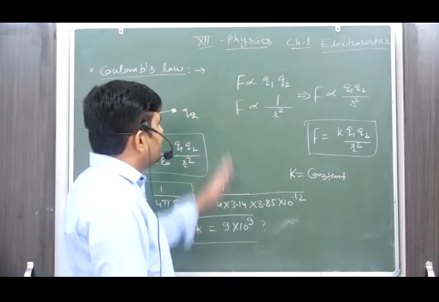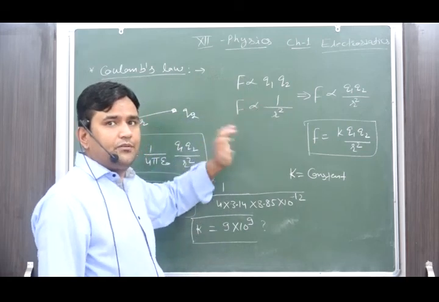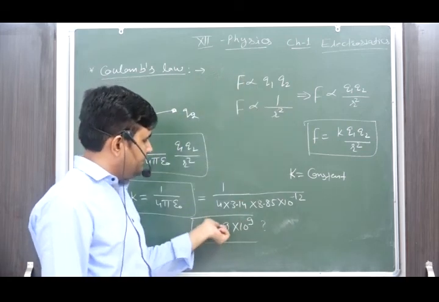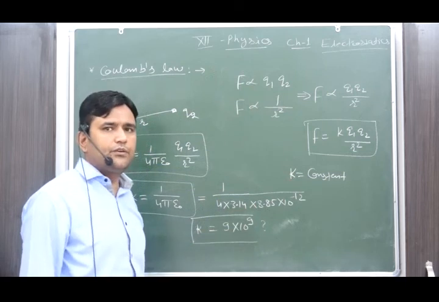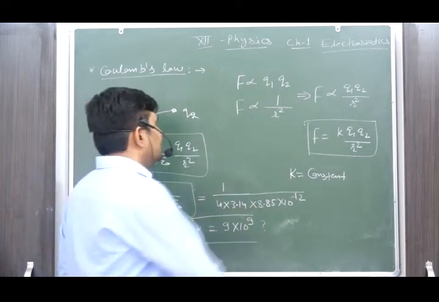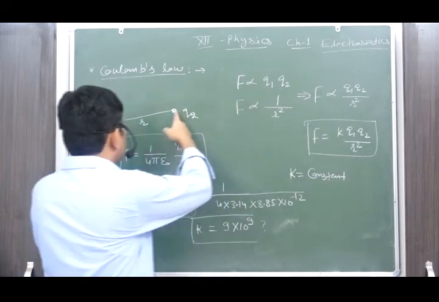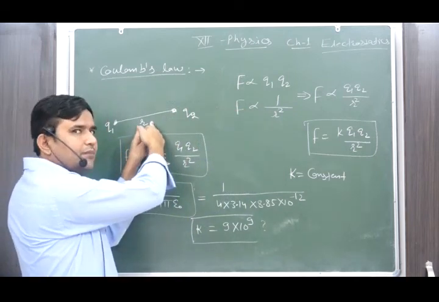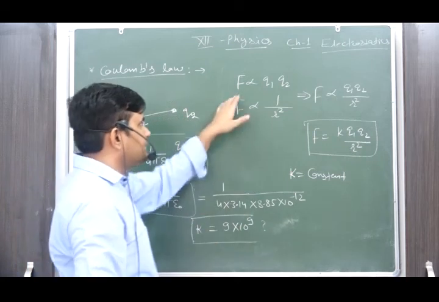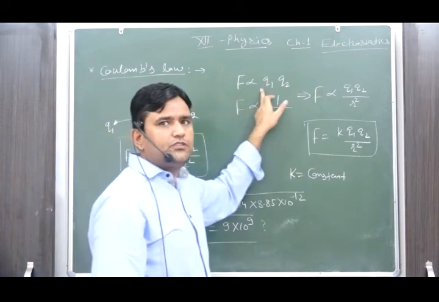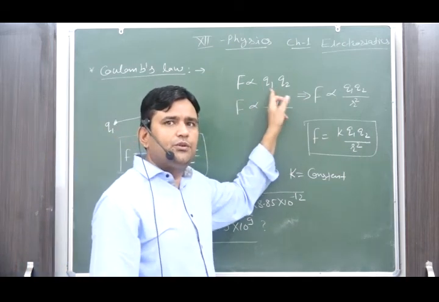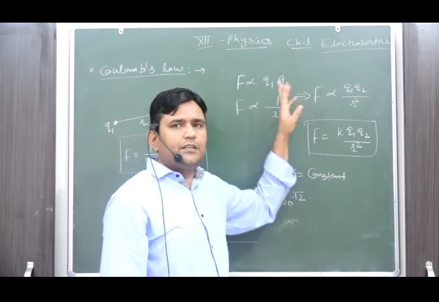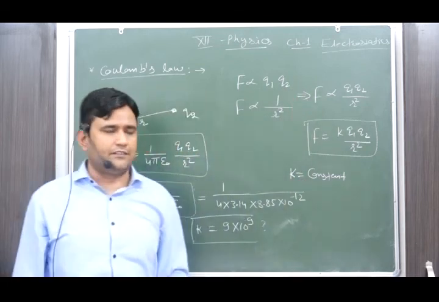The entire formulation we will take as a quick revision, and after that we calculate the unit of this constant K. F is the force between the charges Q1 and Q2, separated by a distance r. In the first formulation, our force is directly proportional to Q1 and Q2, the product of both the charges.